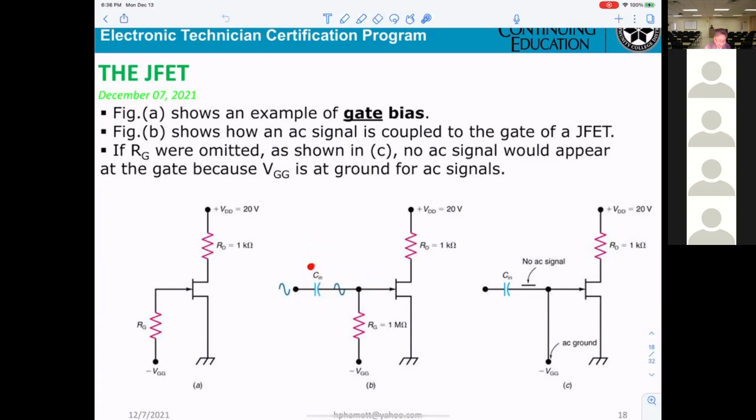Because of the capacitor, same thing as in the bipolar: DC blocking, AC coupling. When you see this circuitry, you must recognize this is a fixed bias or gate bias. At the gate, you can get a negative voltage, minus VGG.